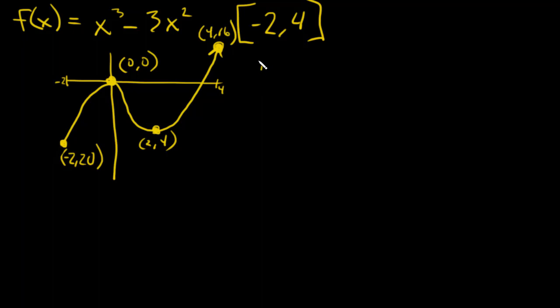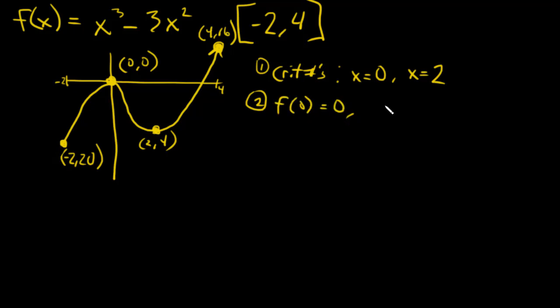Step 1, find the critical numbers. Well, critical numbers were at x equals 0 and x equals 2. That's where the mins and maxes were. Step 2, find the values. f at 0 is 0, and f at 2 is, that's supposed to be a -4.